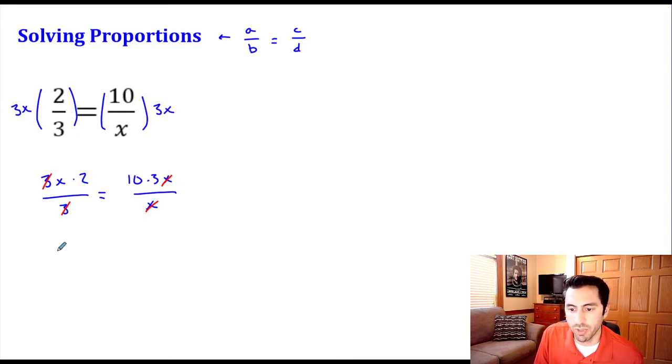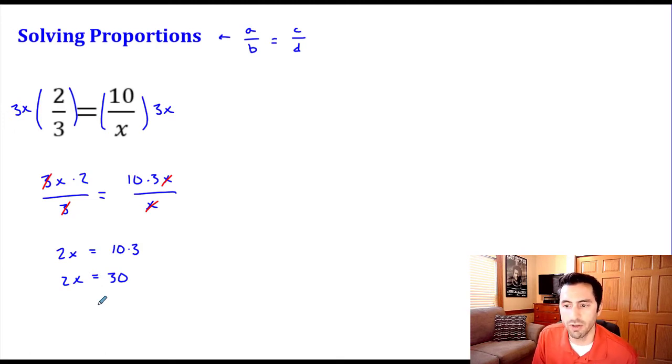So what we end up with is x times 2, or 2x, and then we have 10 times 3, which is 30. 2x is equal to 30. All right, and from there we could solve this.